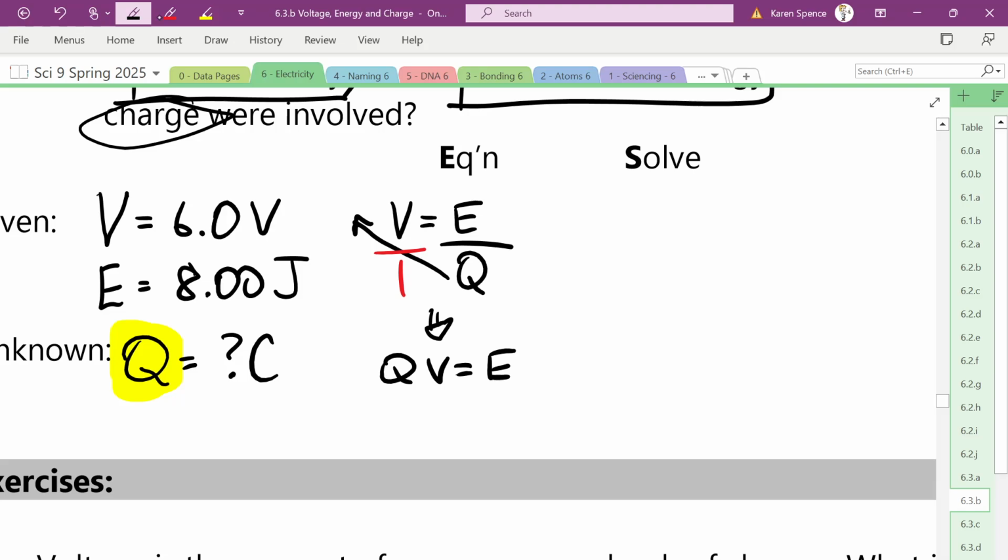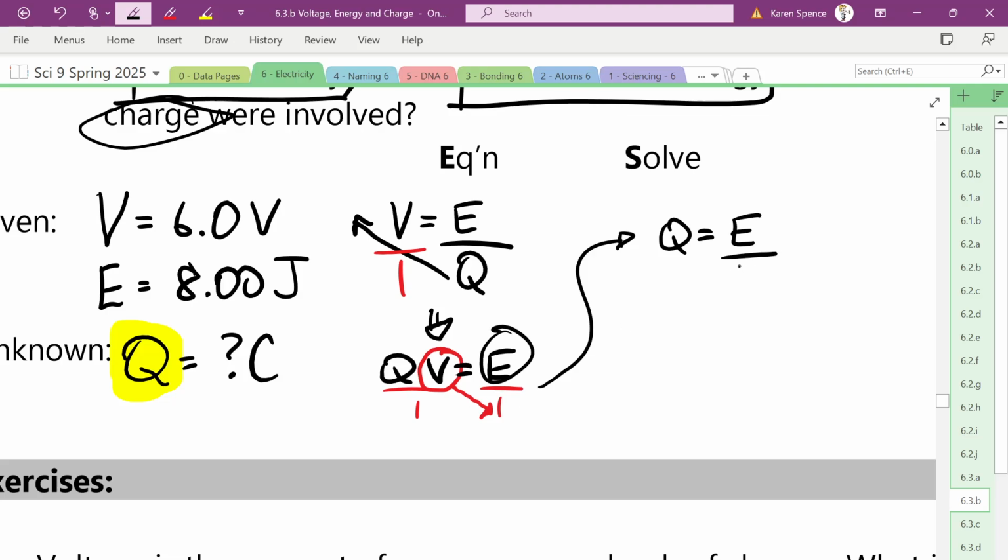And now we want Q by itself. So if I put these both over 1, I had better move the V so it's no longer with the Q. And that's going to give us Q is equal to E over V, with V gone down below.